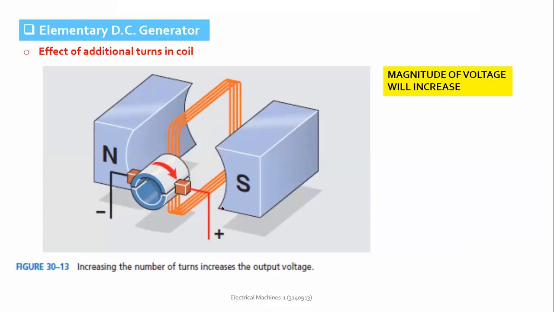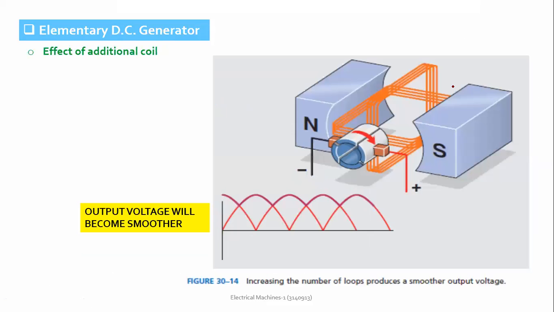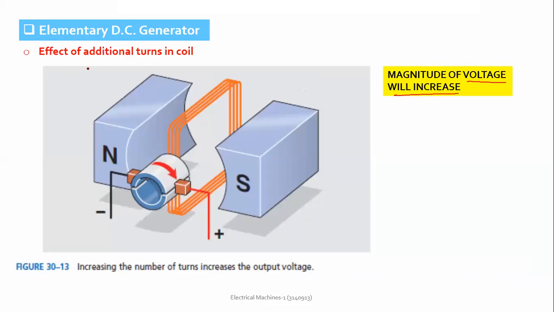If we increase the number of turns in the coil and the EMFs of these turns are added in series, then the magnitude of the voltage will increase. So the effect of additional turns in the coil is that the magnitude of voltage will increase.